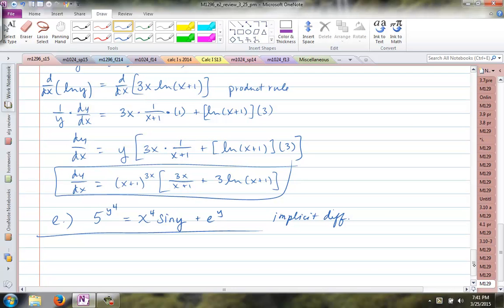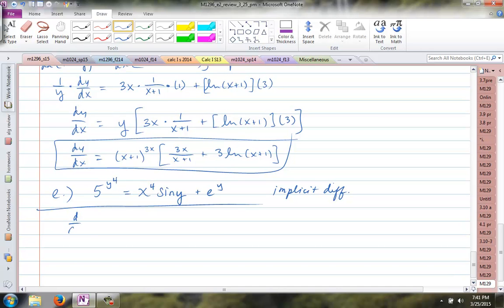Okay, so let's take the derivative of both sides with respect to x. I'm just going to write some notation saying, hey, I'm going to do this. So on the left-hand side, we got to use the chain rule.